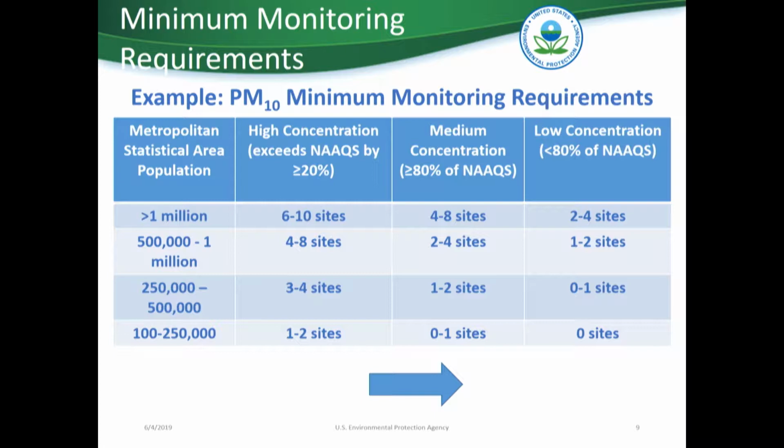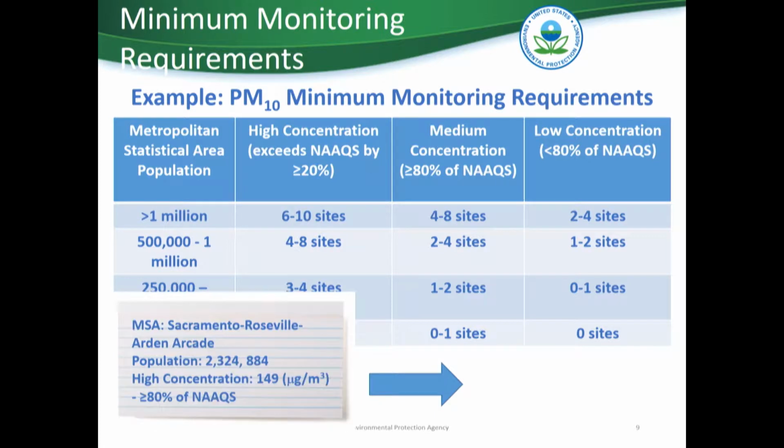This table is organized with the MSA in the left column at different population categories, and then different concentration levels relative to the NAAQS. So high concentration, medium concentration, low concentration, and then the number of sites. I chose an example for PM10 to go through together.